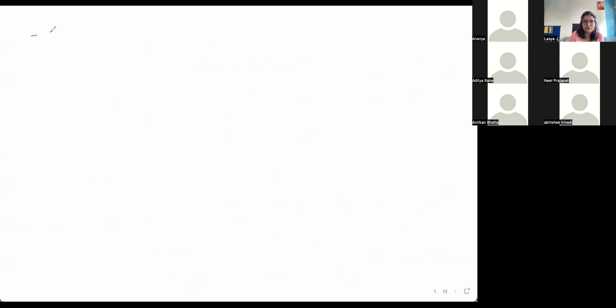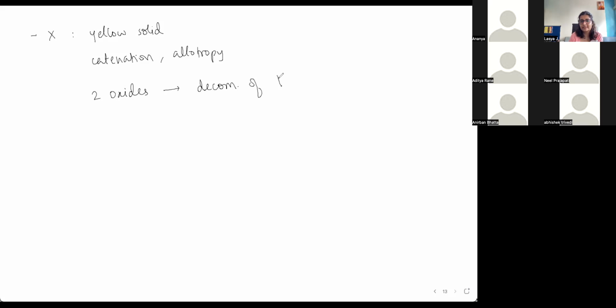Identify the X. So you have X, it is a yellow solid. And what else is given? Shows catenation and allotropy. Okay. Forms two oxides. Which are also formed during thermal decomposition of ferrous sulfate. So decomposition of ferrous sulfate. This is an important clue.